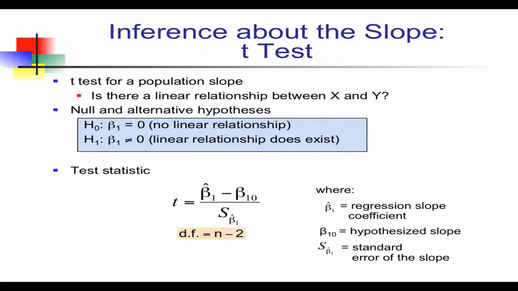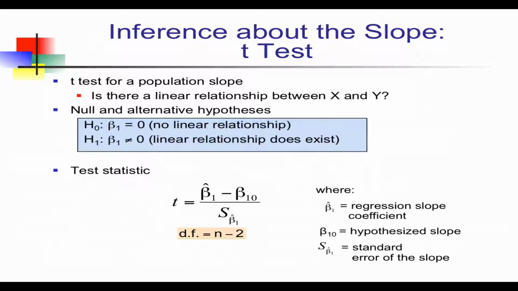So the t statistic equals beta hat 1 minus the null hypothesized value, over the standard error of beta hat 1. In practice, how do you express that?